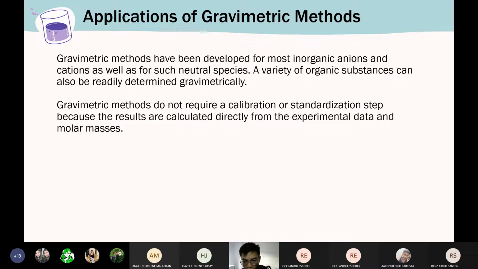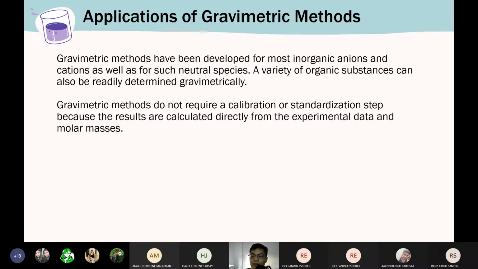Okay. Also, they do not require calibration or standardization, unlike in titration, in spectrophotometric, in chromatography. Yun kasi may mga calibration and standardization. Okay? So, ibig sabihin sa gravimetry, basta maghalo ka lang ng chemicals, precipitate mo, tuyuin mo, may sagot ka na sa problem mo. Okay?